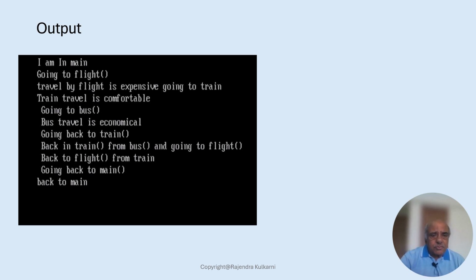So when the bus function ends, the program control goes back to the function from which the call is made. In this case, it is the train function. In this way, the program control jumps from one function to another and goes back to the main function after all the functions are executed.